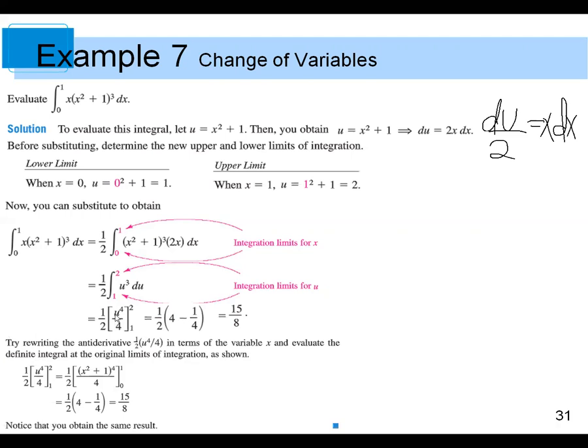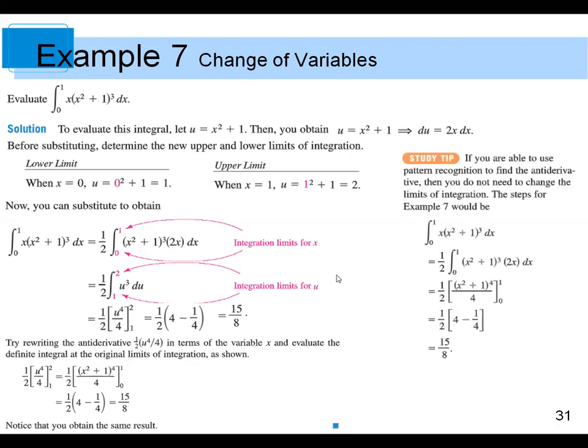You see right here, it was just u to the 4th, plug in 2 and 1 and subtract. Here it was x squared plus 1 to the 4th over 4, plug in 1 and 0, and subtract. So you kind of get a feel for them, and you should get the same result no matter which way you do it. If you are able to use pattern recognition to find the antiderivative, then you do not need to change the limits of integration.